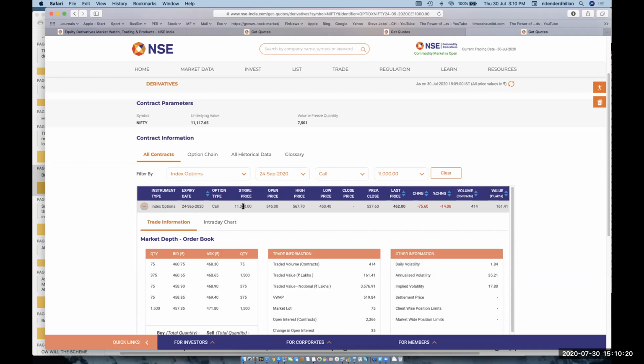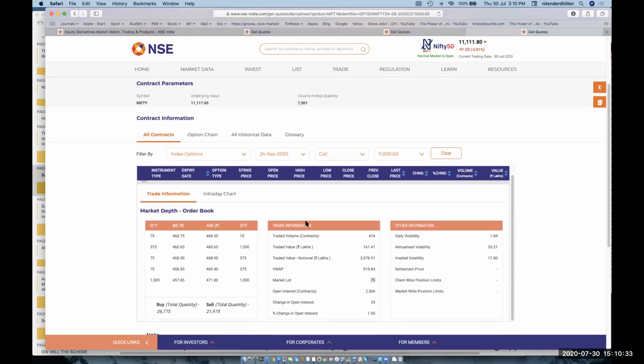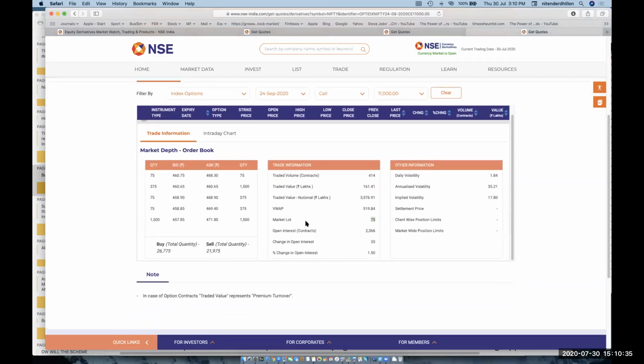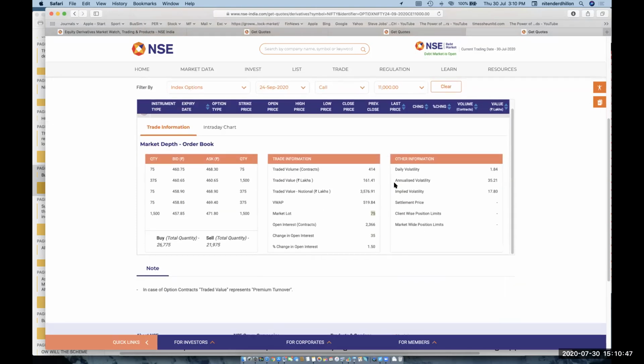So 12,000 minus 11,000, 1,000 points into 75, the multiplier, into the number of contracts will be the total money I make, minus 462, which I paid that day, into 75 into the number of contracts. Is that fine? Okay.